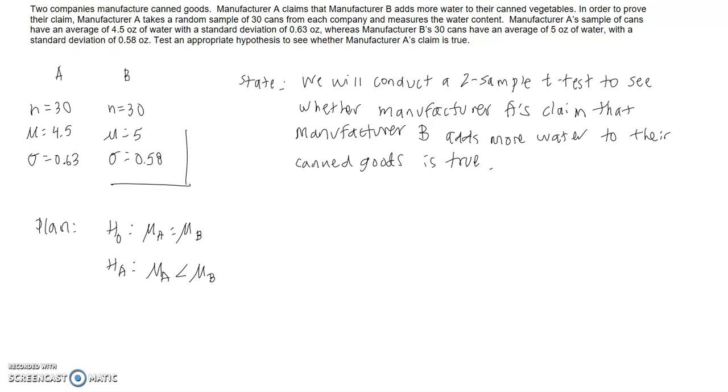So now we have to make sure to check our conditions before we actually conduct our test. Random: it states in the problem up here, takes a random sample, so that's good. Then we have to check our normal conditions.